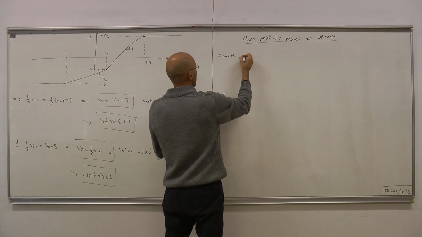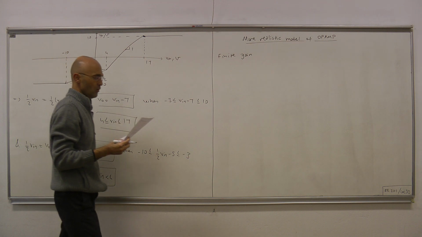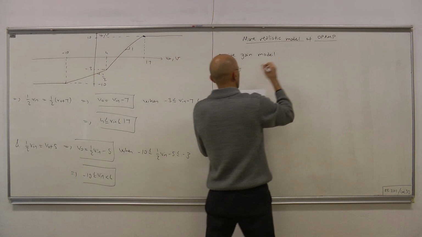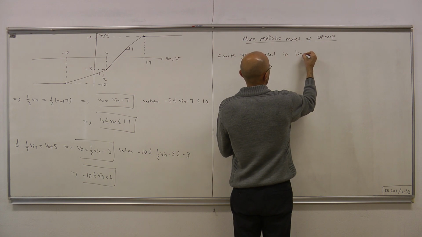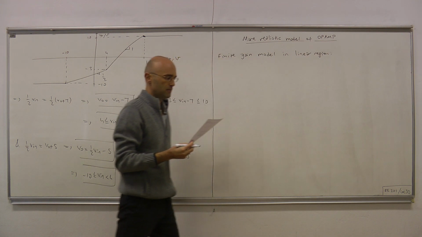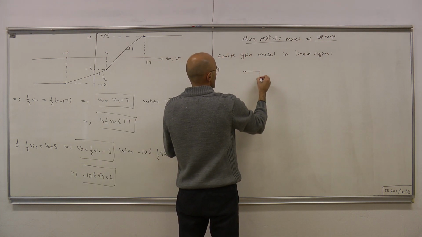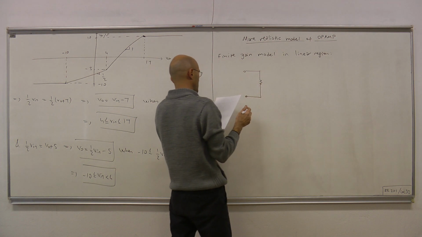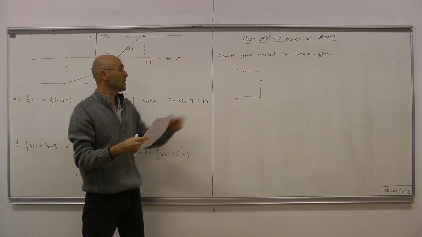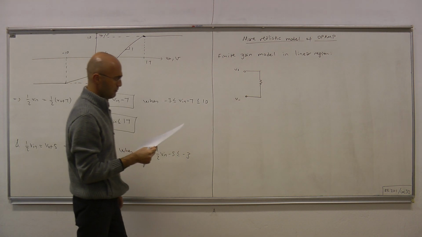We have the following finite gain as opposed to infinite gain op-amp model in linear region. This is V plus, this is V minus, non-inverting input, and the inverting input terminals.